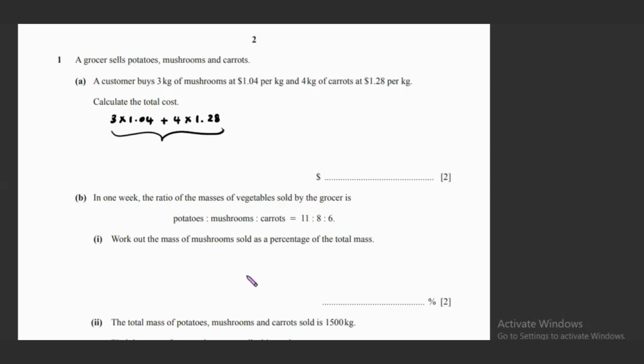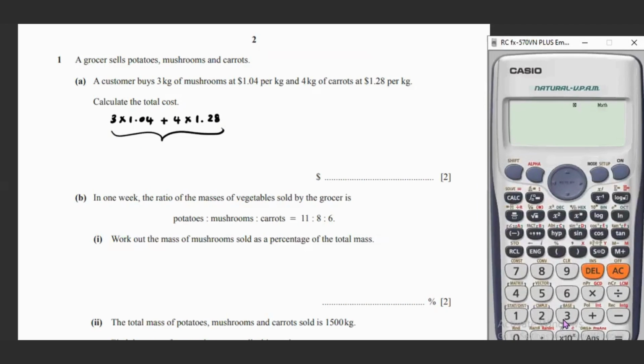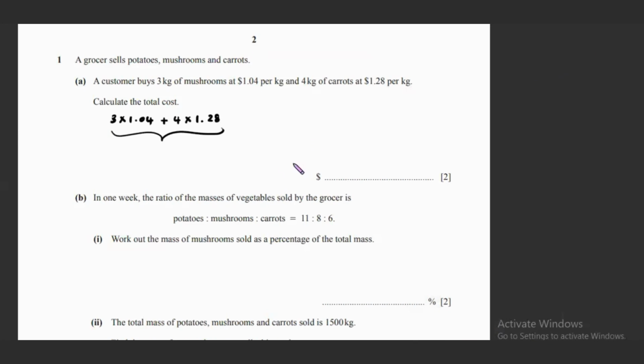So this will give us the total cost, which is 3 times 1.04 plus 4 times 1.28. So that is equal to $8.24. Let's move on to part B.